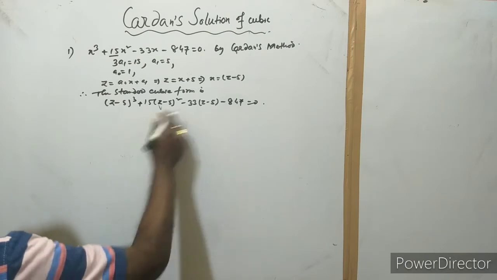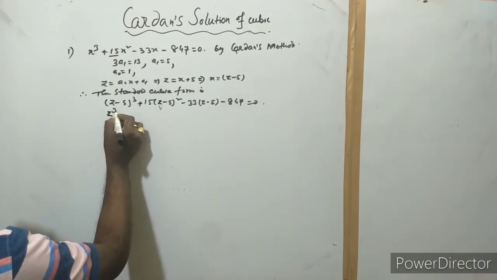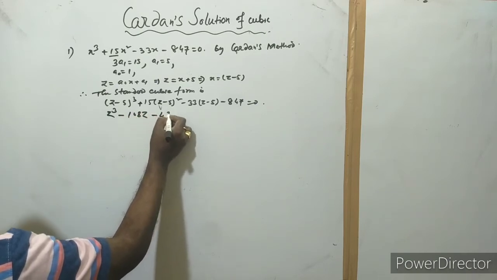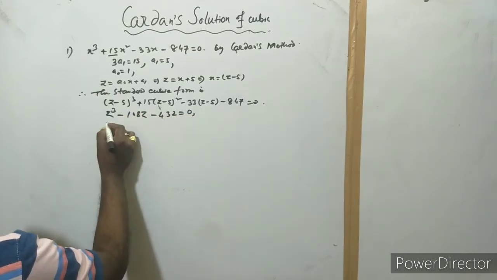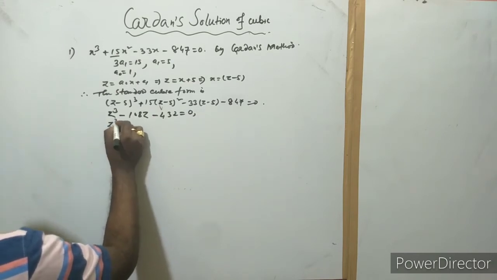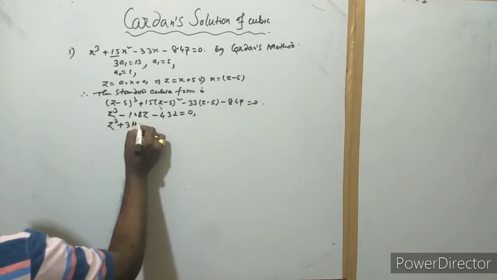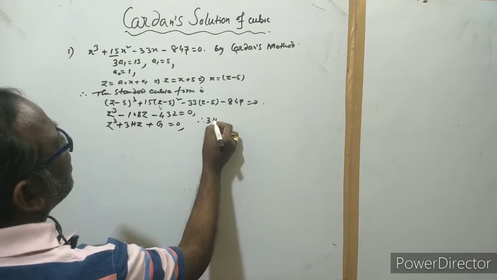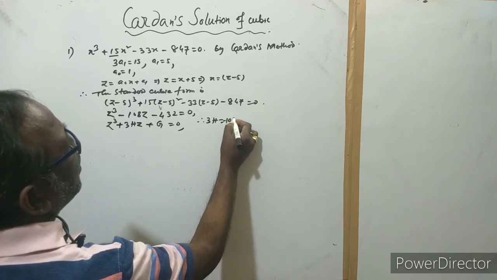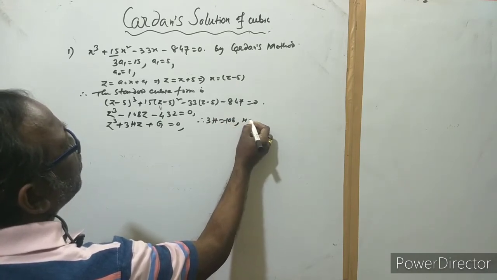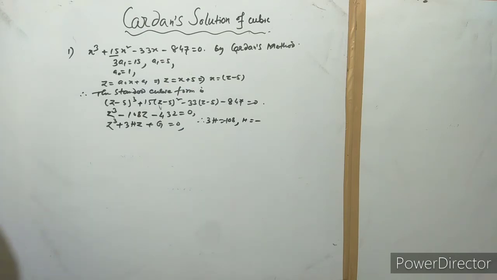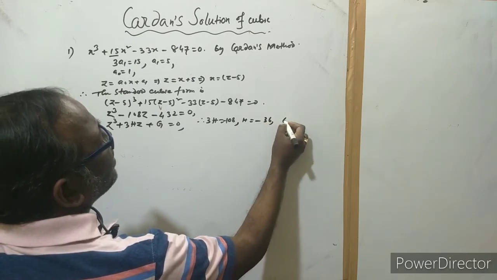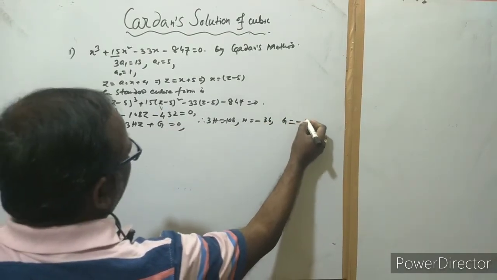Simplifying, we get z cube minus 108z minus 432 is equal to 0. Compare with the standard cubic, z cube plus 3hz plus g equal to 0. So 3h equals minus 108, so h equals minus 36, and g is equal to minus 432.